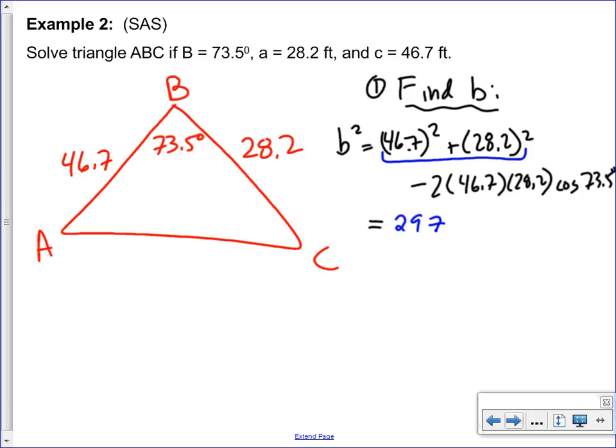46.7 squared plus 28.2. What is it? Oh, you added the whole thing already. I was trying to do my individual pieces. Okay. All right, then, Paige. Go ahead. It's fine.